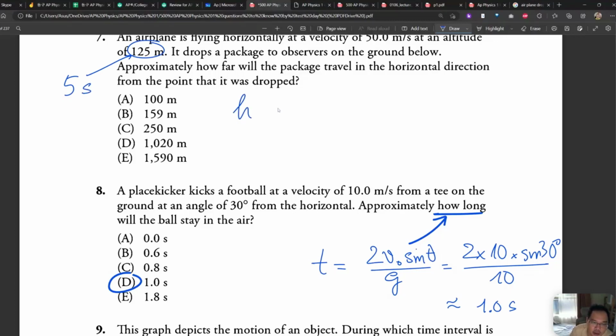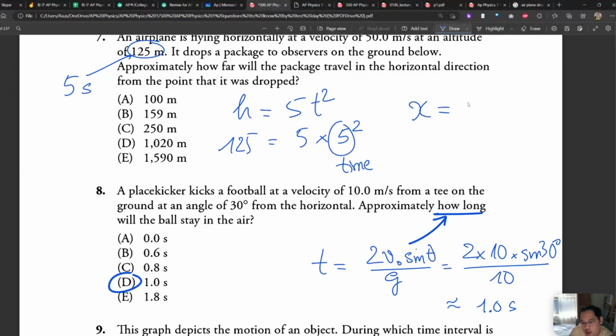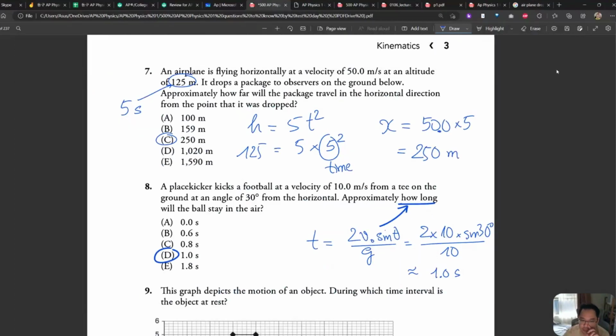Because the height is proportional to the square of time: 125 equals 5 multiplied with 5 squared. The time is 5 seconds. So the horizontal distance x is 50 meters per second multiplied by 5, 250 meters. So you can only do it that quickly if you really understand the equations behind this problem, projectile motion.